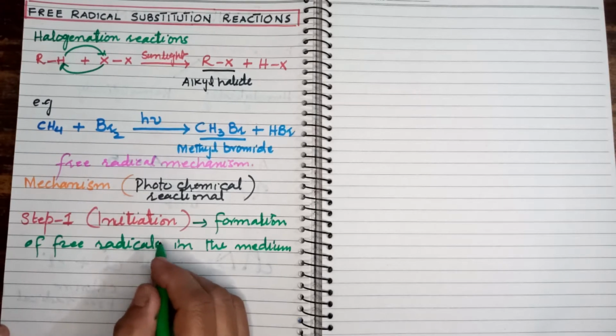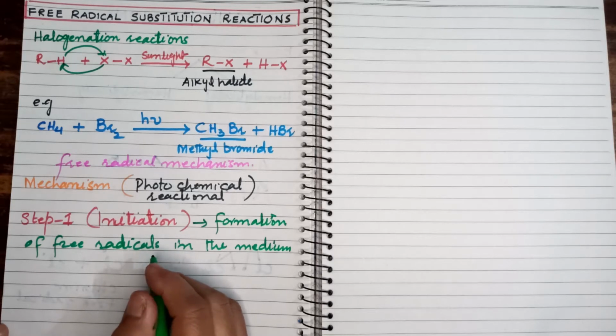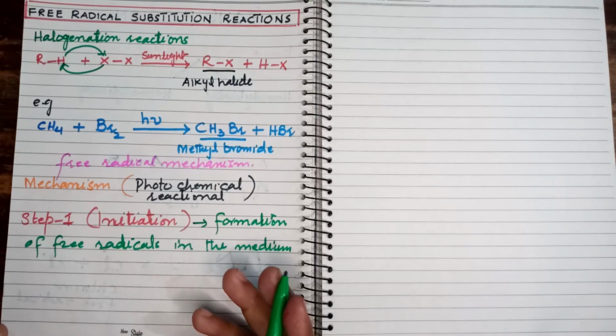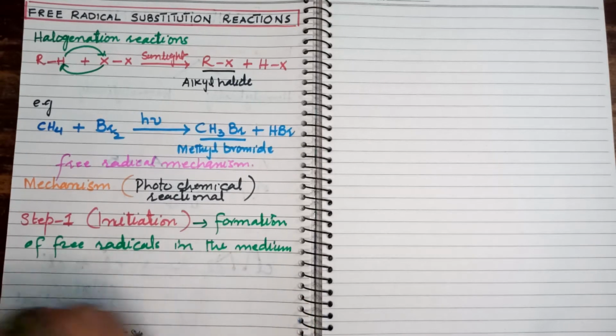Heat or ultraviolet light or sunlight causes the weak halogen bond to undergo homolytic cleavage to generate free radicals in the initiation step, right? Let's see an example.